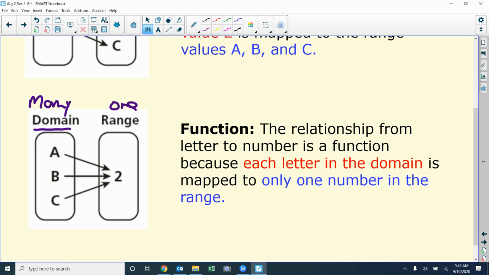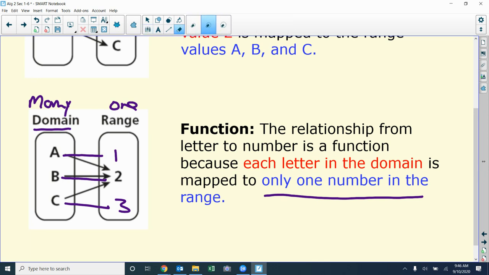It doesn't repeat. A doesn't repeat, B doesn't repeat, C does. See the difference? Okay. So yes, this is a function. The easiest function, there's another one like this, would be a one-to-one. So if we had 1, 2, 3 here, and each of these went to one, that would be a one-to-one function. You see what I'm saying there? Okay. This happens to be a many-to-one, which is okay.